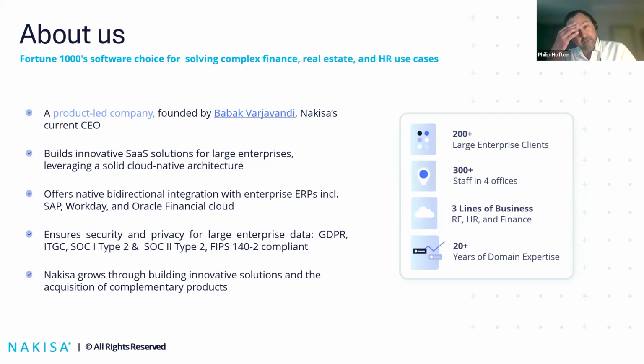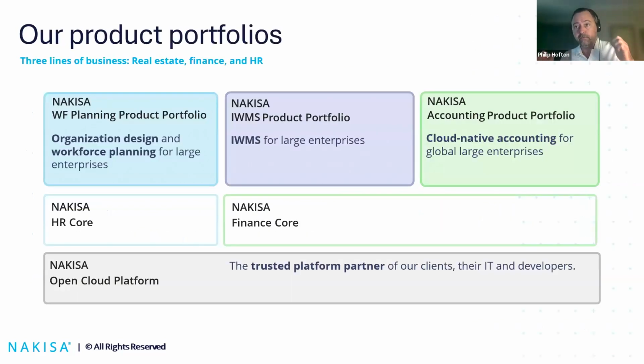We have a couple of other lines of business that I'll mention in passing here. One is, and we'll show a chart in a second, what we call, on the top left of this particular chart, the workforce planning portfolio, for the workforce of the future. We call it workforce planning, but it includes and starts with organization design.